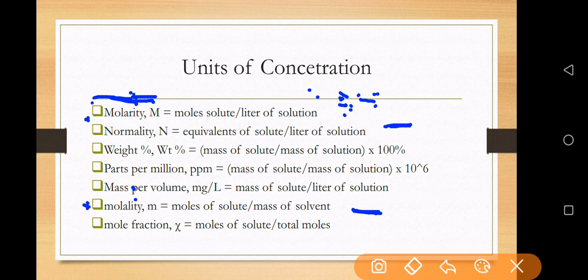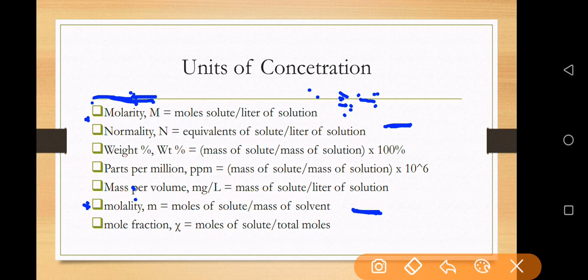Another thing, we can express the concentration in terms of mole fraction. For mole fraction, we can calculate the mole fraction of solvent or the mole fraction of solute.